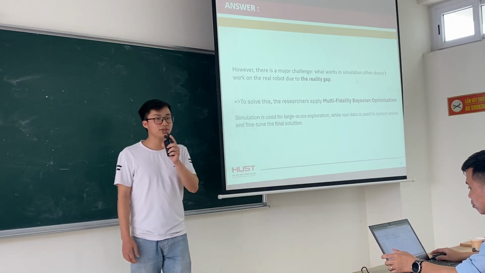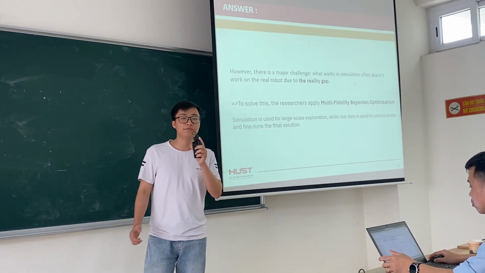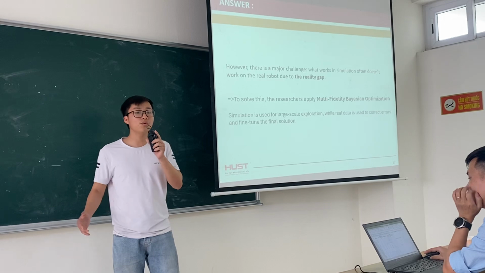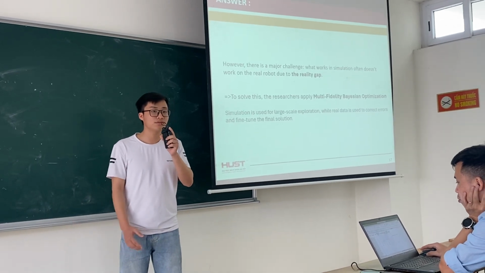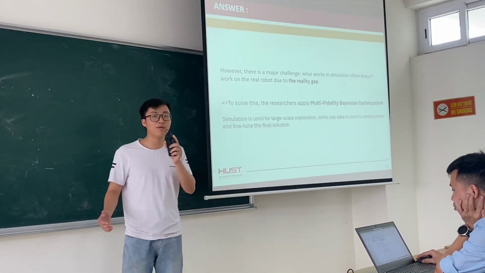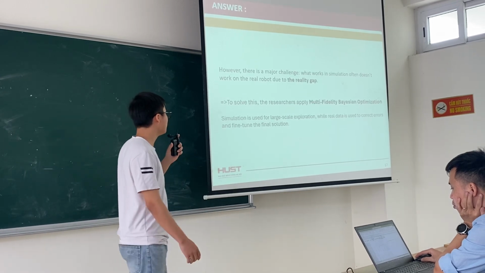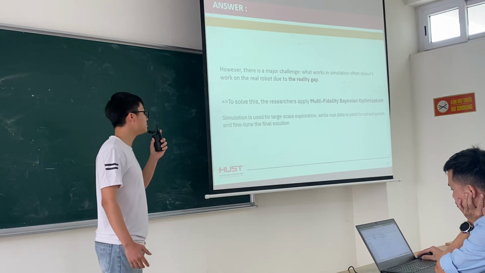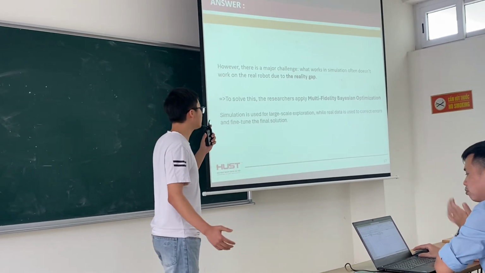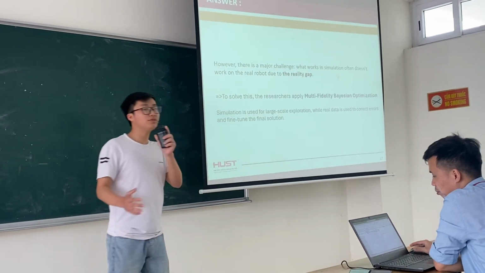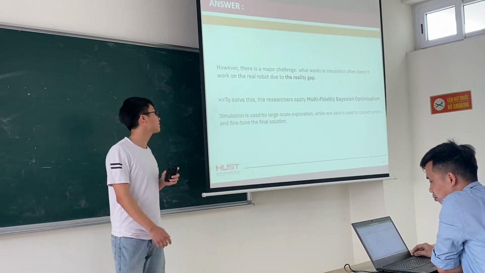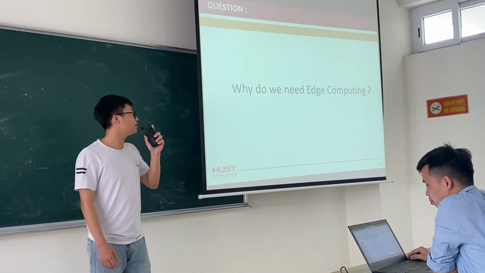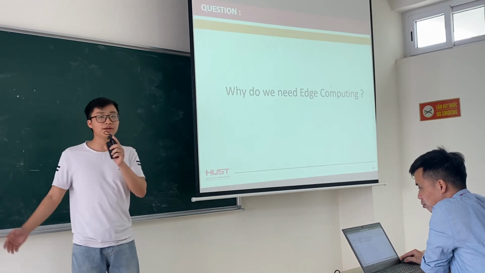This method uses a combination of simulation data and real-world test results to learn faster and adapt more accurately. The simulation is used for large-scale exploration, while real data is used to correct errors and fine-tune the final solution.